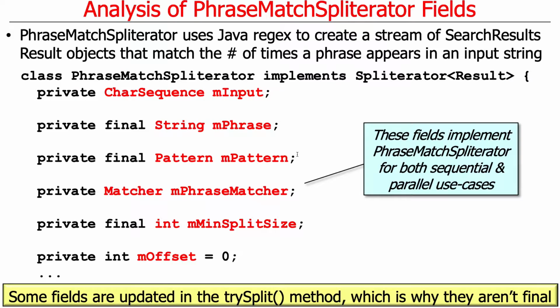These are the same fields that were used for both the sequential and the parallel use cases. Some of the ones we talked about before in passing for the sequential version, which I said don't really matter now, are going to be used here, and one of them actually addresses Gavin's question about figuring out where the offset goes, and that's this field here that keeps track of the relative start of the offset once we've broken things up into chunks. You'll notice that some of these things are final and some of them are not, and the ones that are not final are actually updated in the trySplit method.